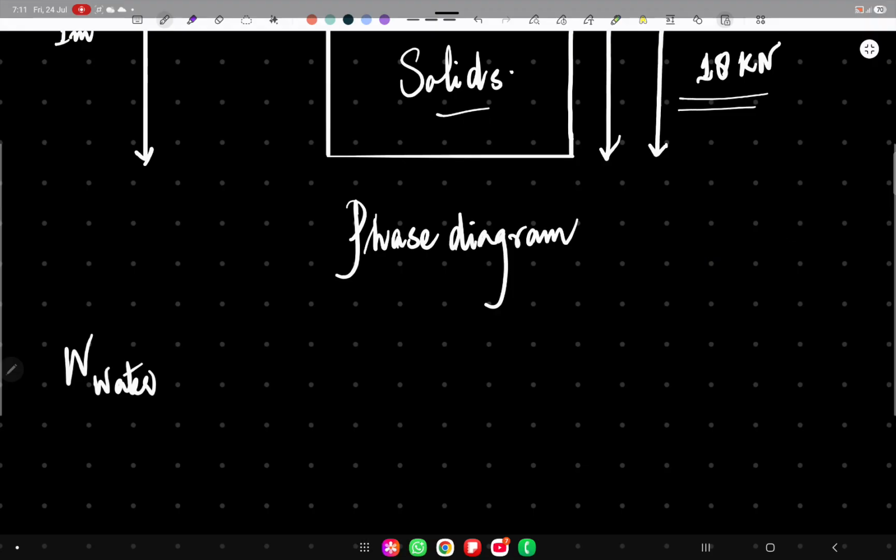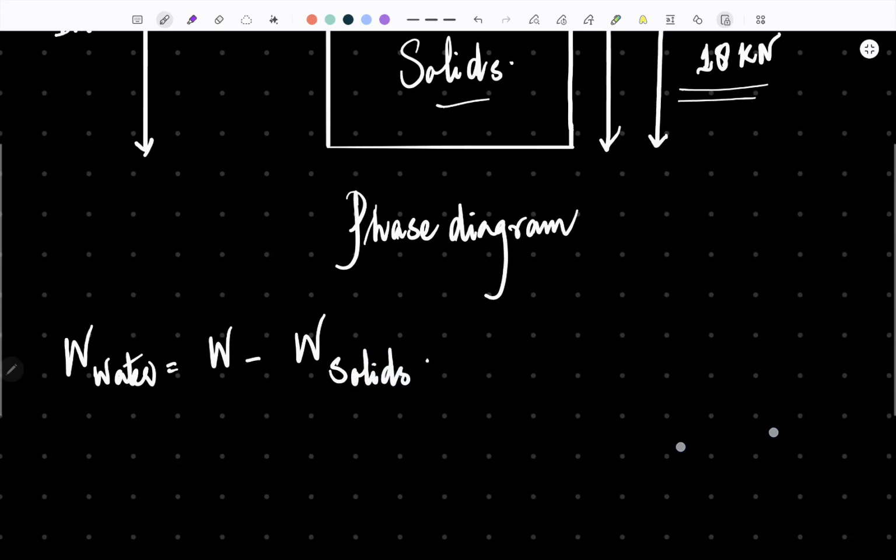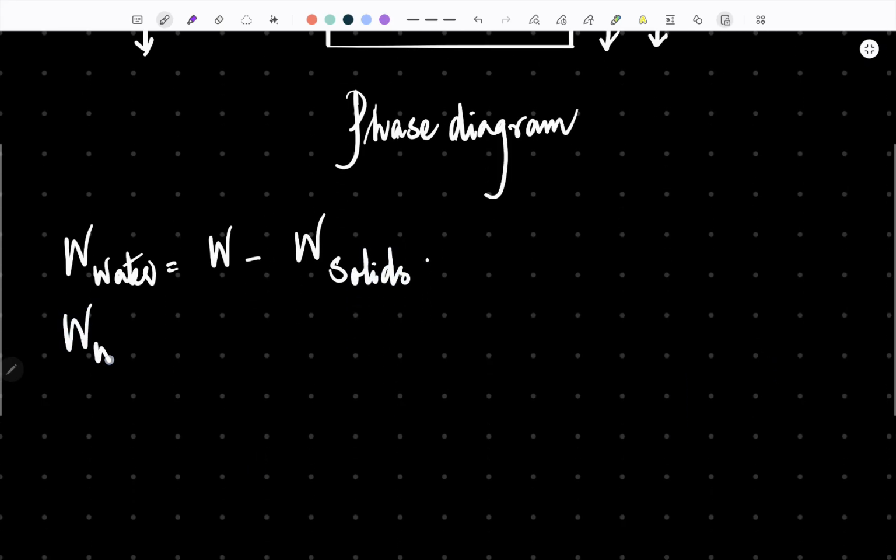That means weight of water is total weight minus weight of soil solids, right? Which indicates weight of water is total weight 20 kilonewtons, weight of soil solids or dry unit weight 18 kilonewtons. That means weight of water is 2 kilonewton.